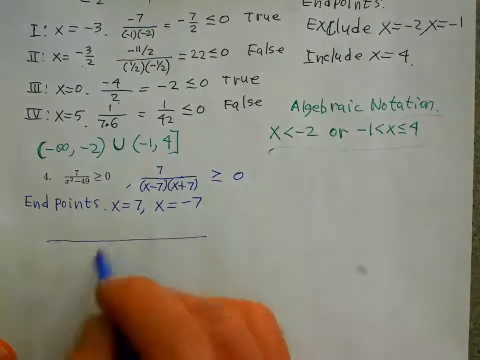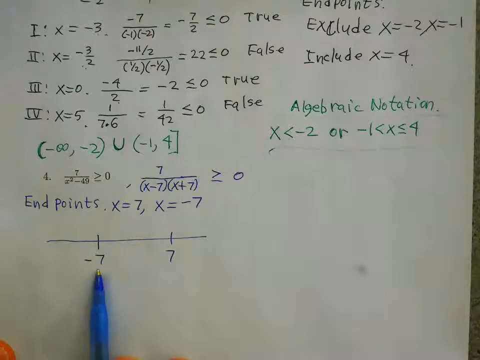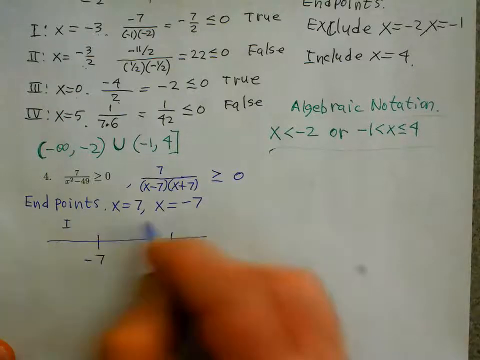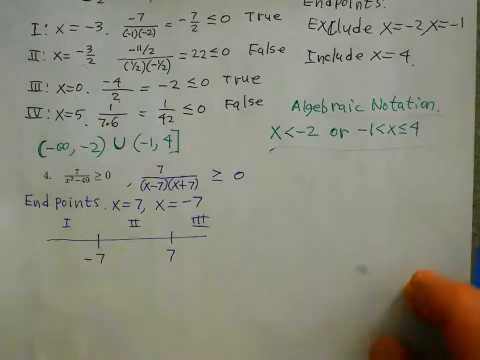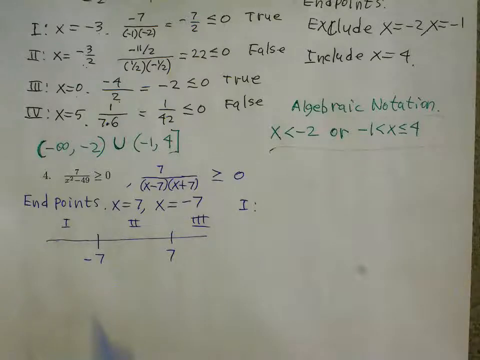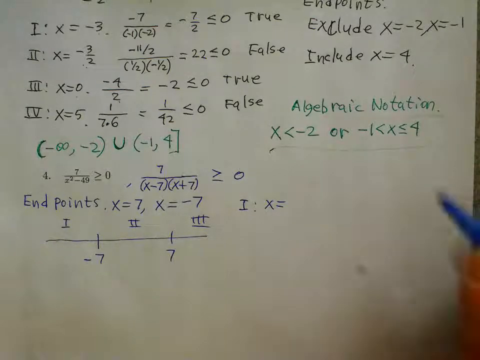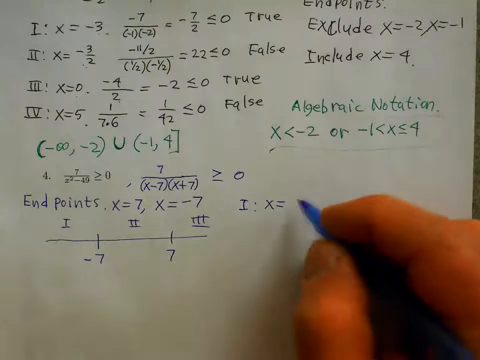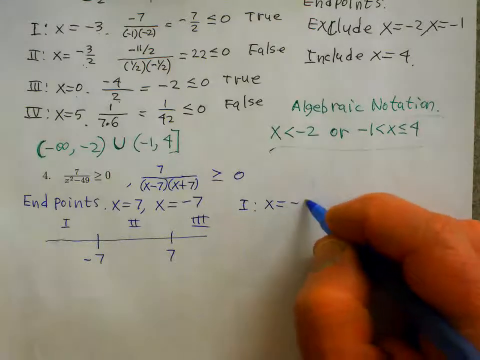So divide the number line into 3 separate intervals. The endpoints are -7 and 7. Then we'll pick test points in the first interval on the left. Pick any number you want. I'll pick x to be -8.